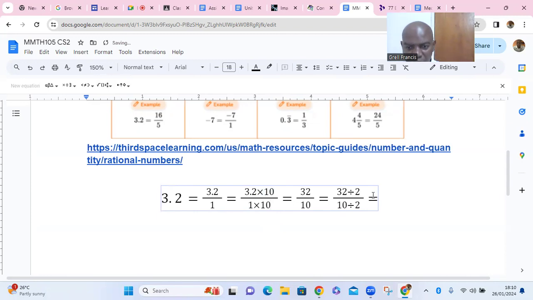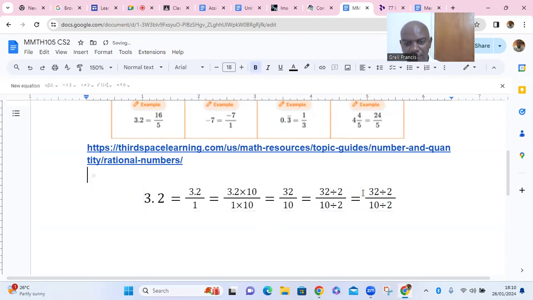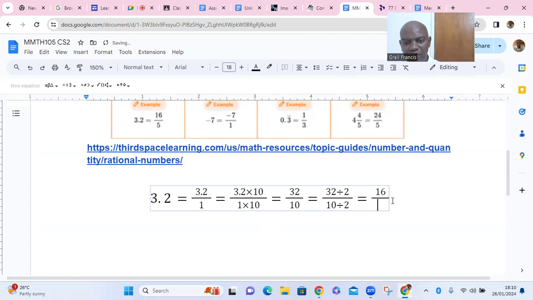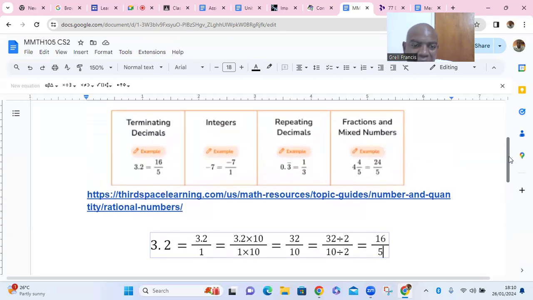Right, so 32 divided by 2 is 16, and 10 divided by 2 is 5. So that is why 3.2 is 16 over 5. 3.2 can be represented as a fraction, so it's a rational number.